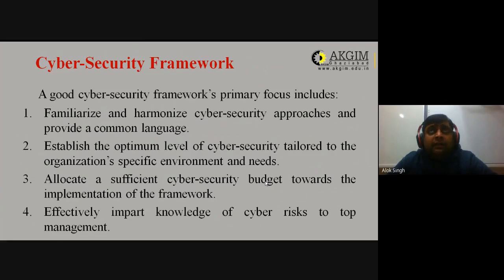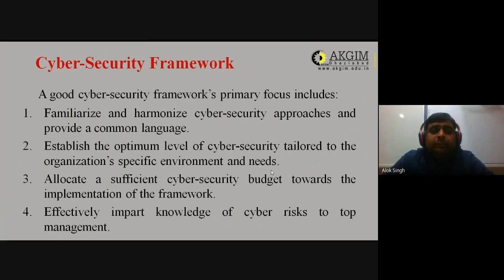Like in perspective of a country, we allocate some defense budget. Similarly, in case of an organization, you should have some cybersecurity budget to mitigate the risk of such security related incidences that may put your business processes in danger basically.